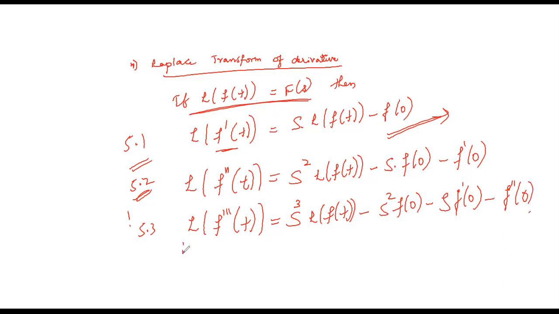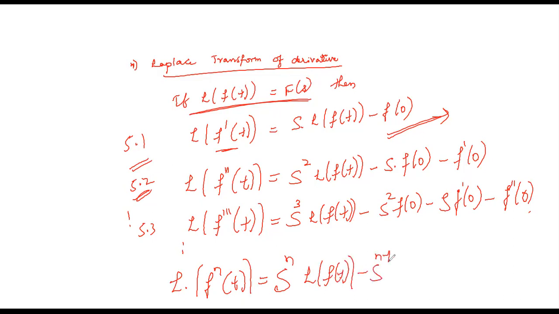Like this, when we take the Laplace transformation of the nth derivative, the formula is s to the power n Laplace transformation of f of t, minus s to the power n minus 1 f of 0, minus s to the power n minus 2 f dash of 0, like this up to s to the power 0, or you can omit it.